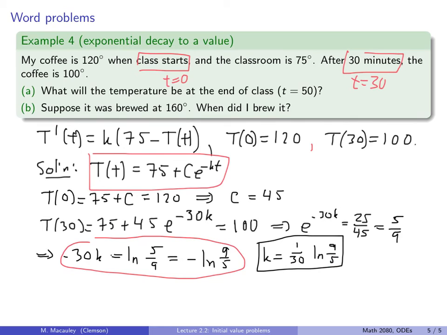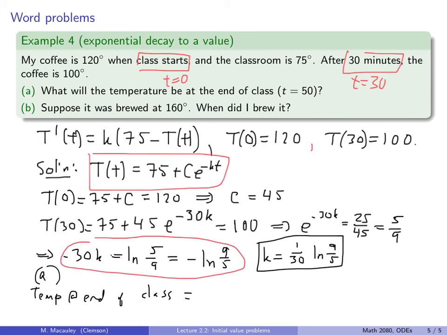The temperature at the end of class is, well, we take our solution and we plug in 50. So the temperature at the end of class, so this is the answer to part A. I should probably put that.